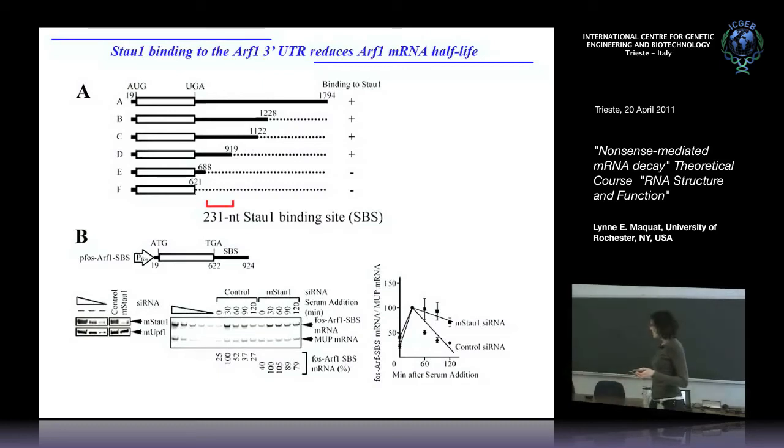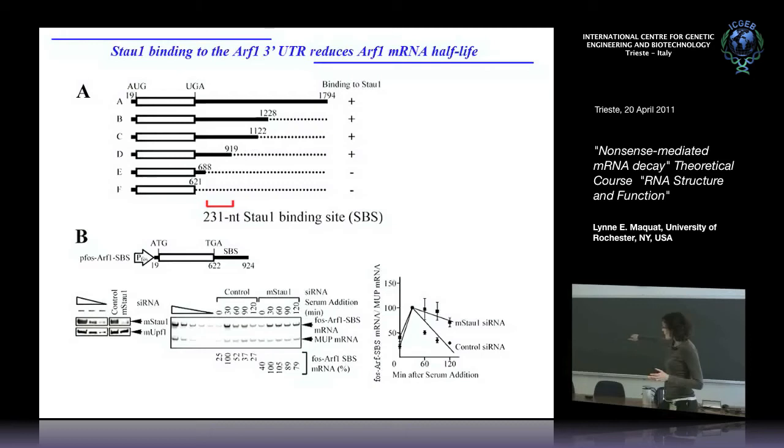And then he looked at the level of test mRNA normalized to reference mRNA, which is insensitive to serum levels, as a function of minutes after serum addition to serum-deprived cells. And you can see, as I said yesterday, the burst in transcription is fast and pretty much over by about 30 minutes. So at that point, since there's no ongoing transcription to confound the decay analysis, one can look at half-life.